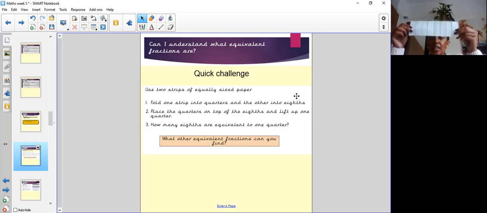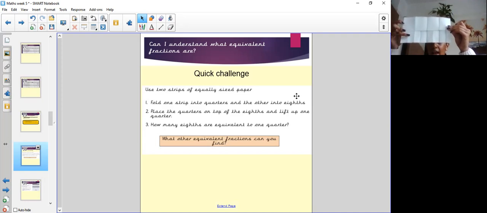It says, place the quarters on top of the 8s and lift 1 quarter. How many 8s are equivalent to 1 quarter? If you look carefully, I have got 1 quarter here where I'm pointing, this bit.